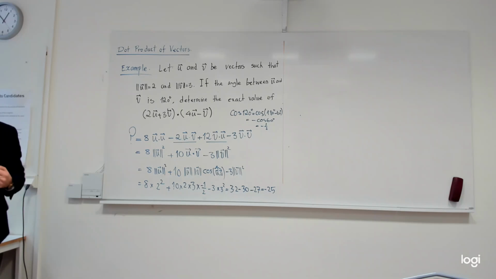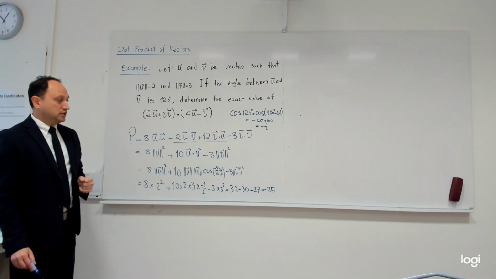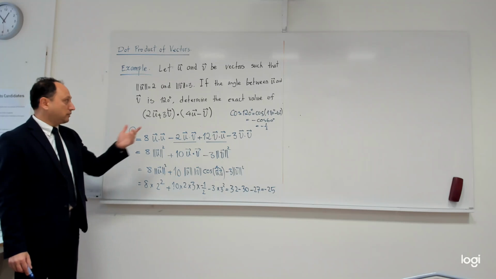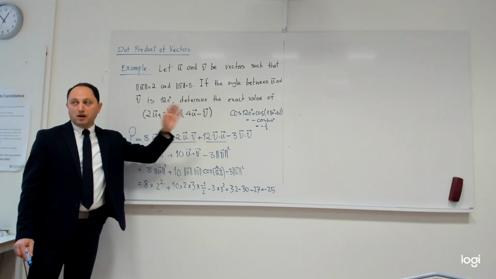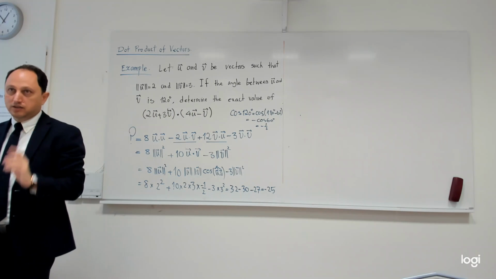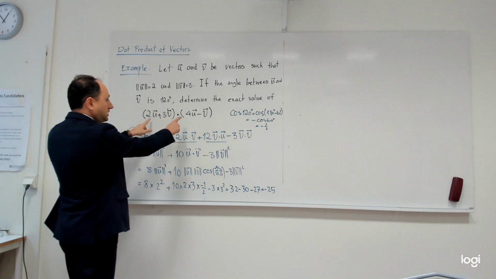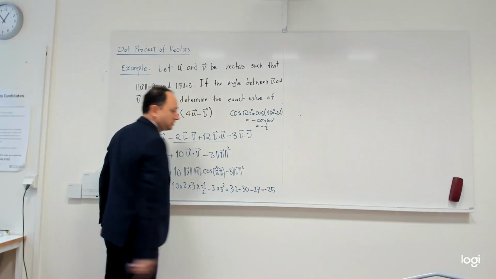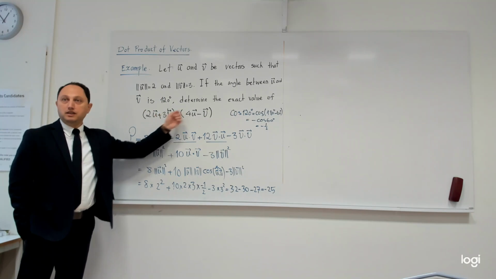But my question for you is, after this calculation is done, do I know something about the angle between this and that? Some information. I'm not asking you the exact value, of course. But by calculating this and seeing that this number turns out to be negative, can I say something about the angle between these two vectors?